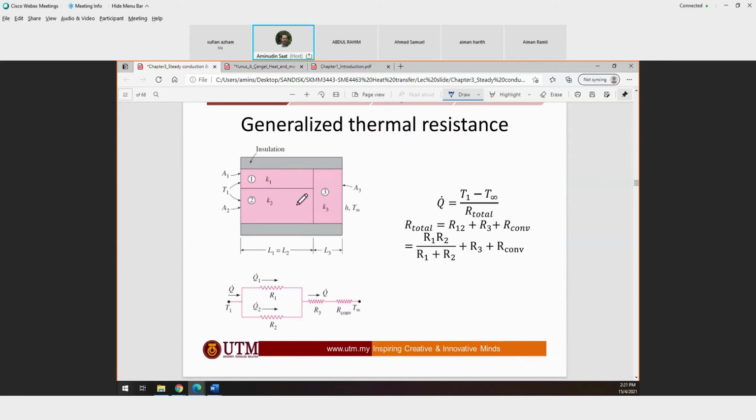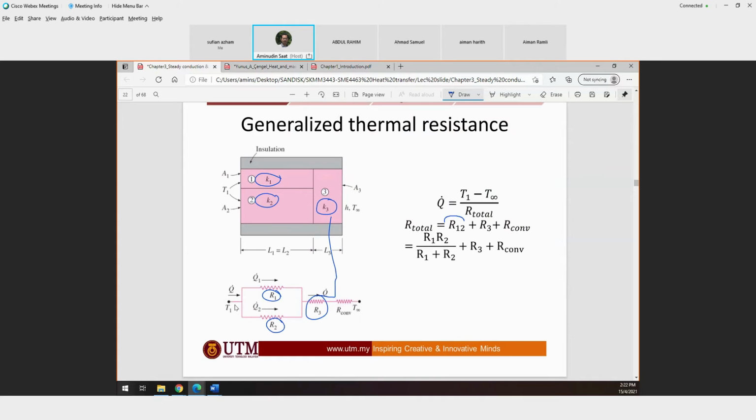So here you have three different materials. For K1 you have R1, for K2 you have R2, and for K3 you have R3. Basically the resistances R1 and R2 are in a parallel arrangement.